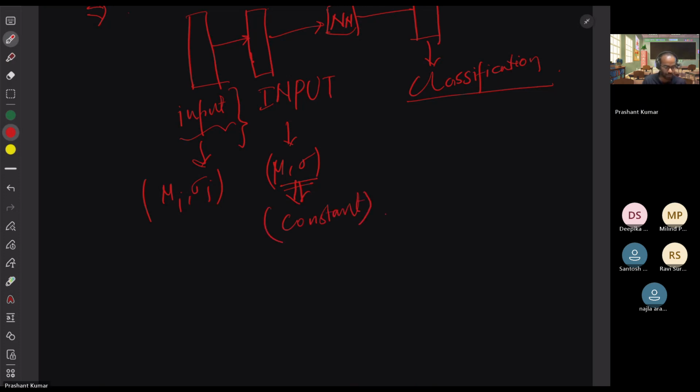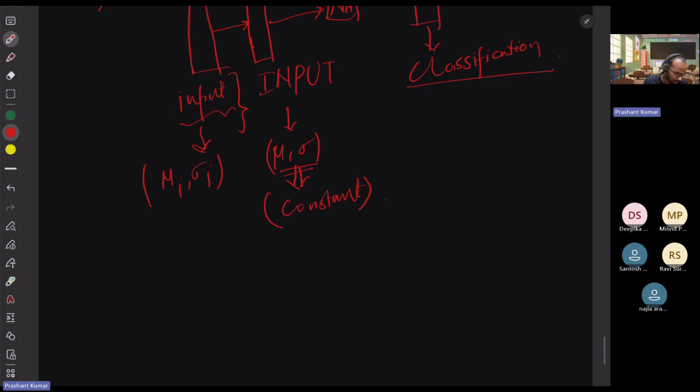Every time we take this input xi, we record mu and sigma, and then we calculate xi minus mu divided by sigma, and let's call it k.